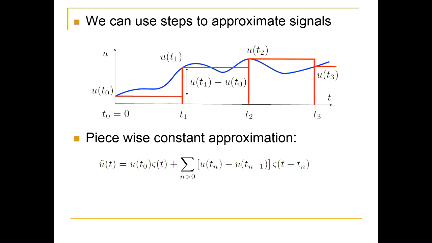So what I will do is assume that this blue function is continuous, sufficiently smooth, so there are no problems there. And then I will approximate that blue signal using the red staircase-like signal.